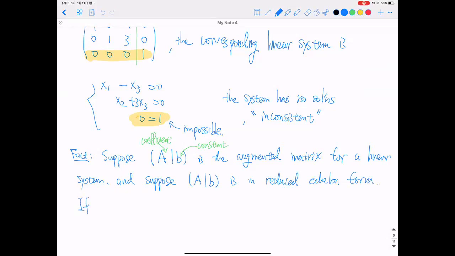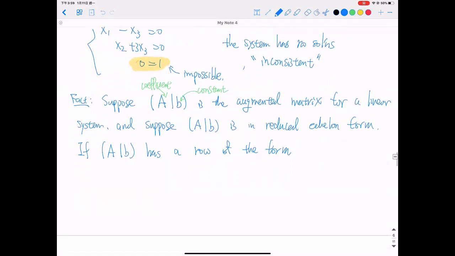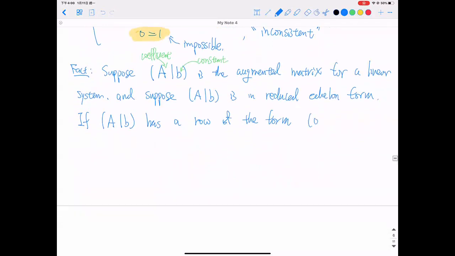If [A | B] has a row of the form 0 0 ... 0 1, with just a single 1 at the end, then the system has no solution. And the converse also holds.